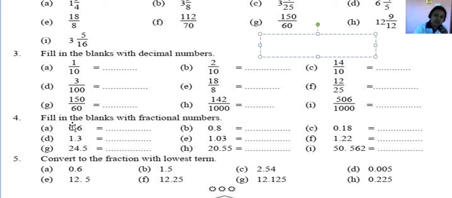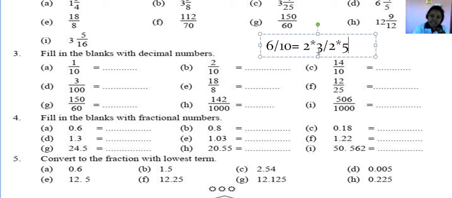So this 0.6 can be written as 6 by 10. We all know that. But what we need to do is use prime factorization here. The upper one, 6, means 2 into 3, divided by 10, which means 2 into 5.